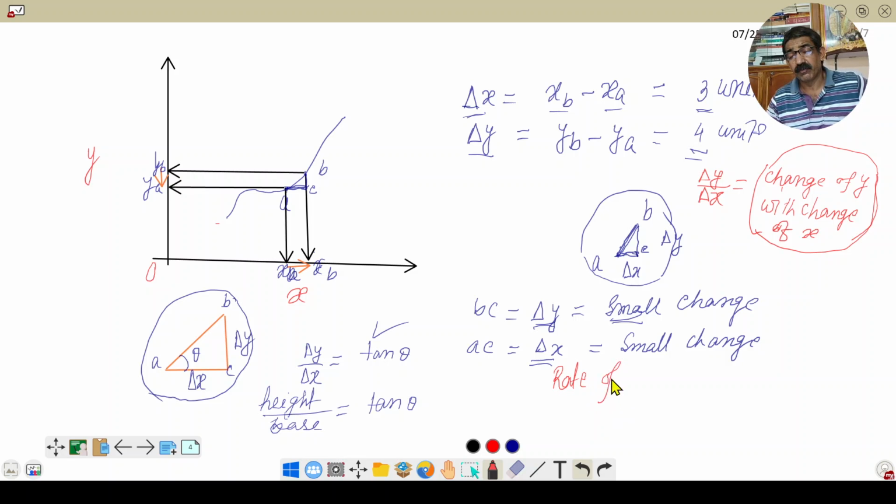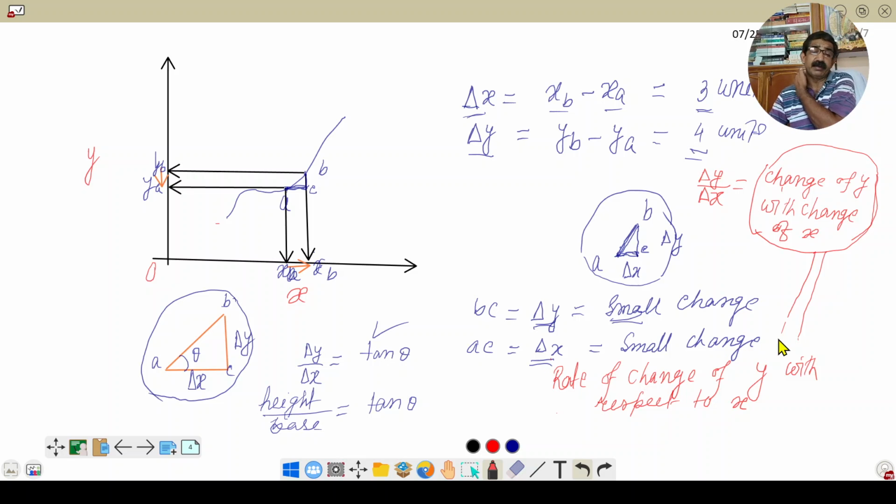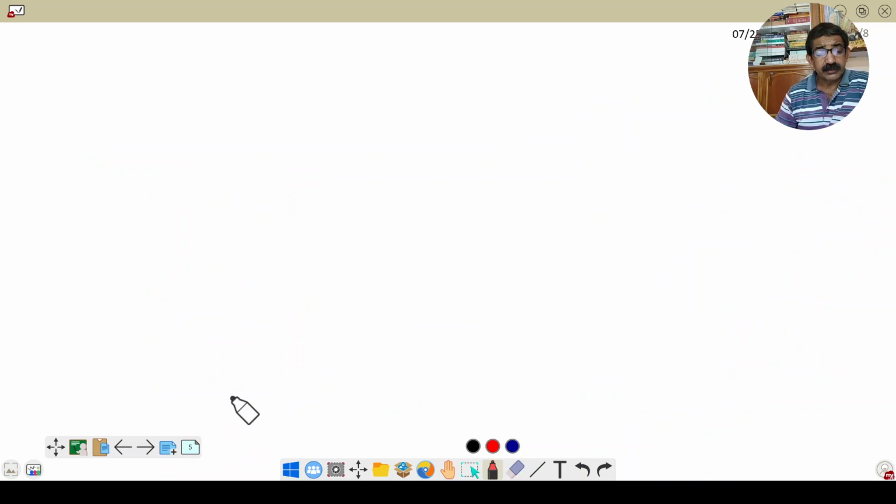Actually, these two sentences are equivalent to each other.